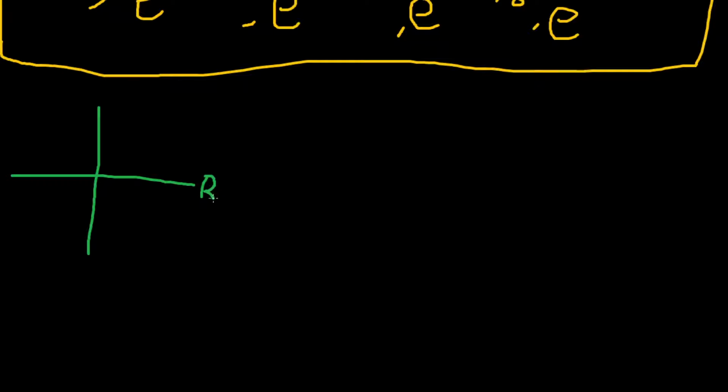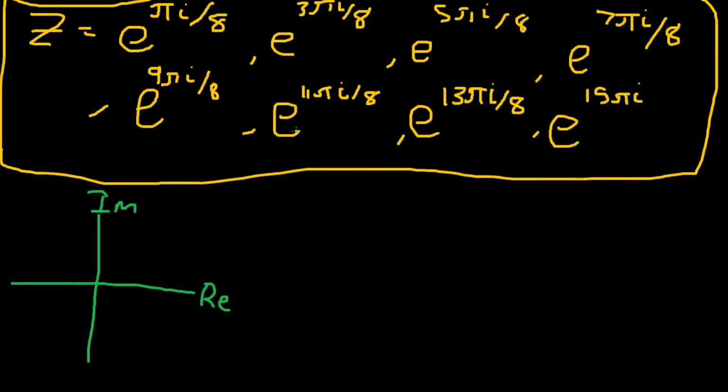We've got our real axis and our imaginary axis. So, one thing to notice is that they're going to be evenly spaced. The first one is going to be a quarter rotation about this first quadrant, let's say around here. Let's take this to be 1. Okay, so it's going to be around here.